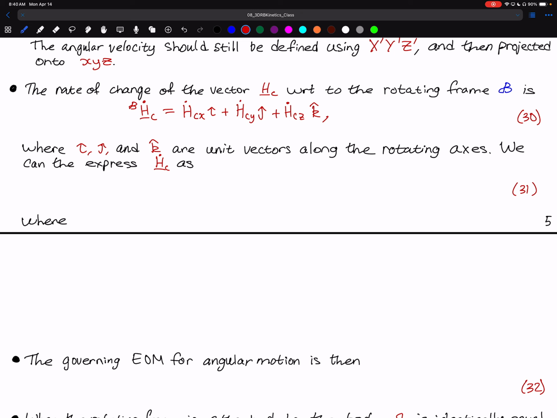We can then express the rate of change of angular momentum in the fixed frame as h sub c dot equal to the derivative of h sub c in our frame B, plus a capital omega crossed with h sub c. We'll define each of these components.